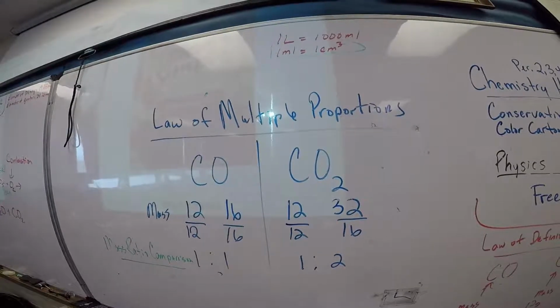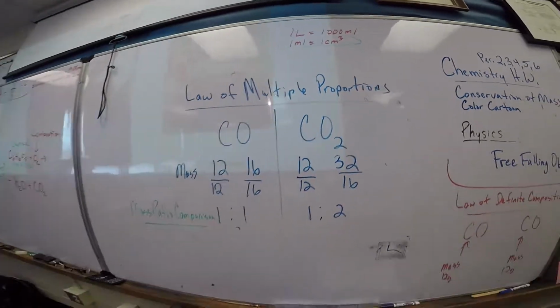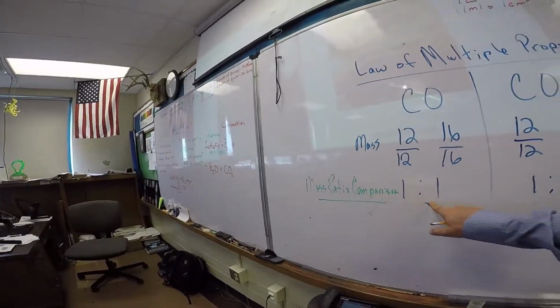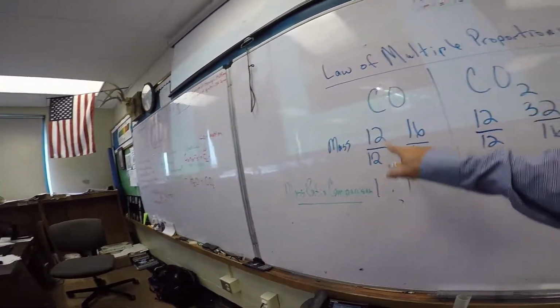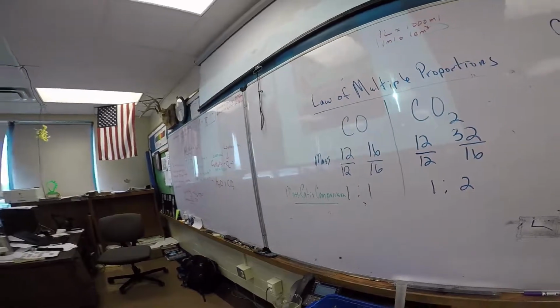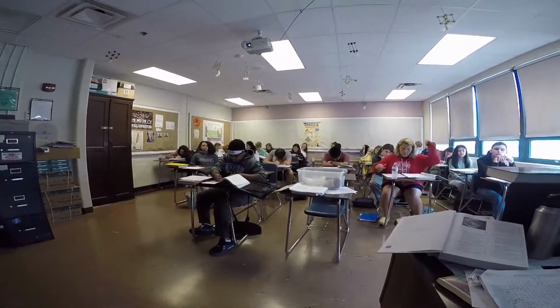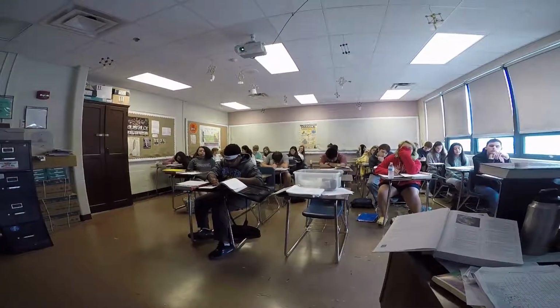The important part about the law of multiple proportions concerns the mass ratio comparison. It helps us determine the subscript, which is right here, for the substance. It says here, the prior work of Lavoisier. Lavoisier is very important. He's considered the father of chemistry. But what he does, he disproves Aristotle.